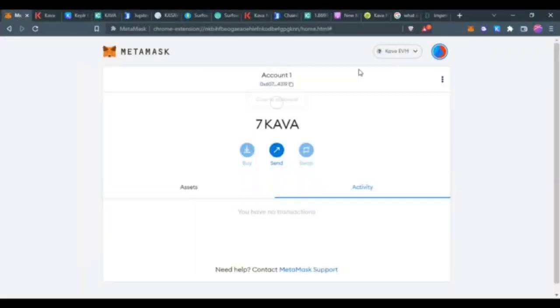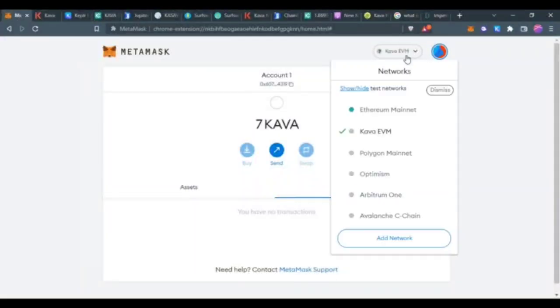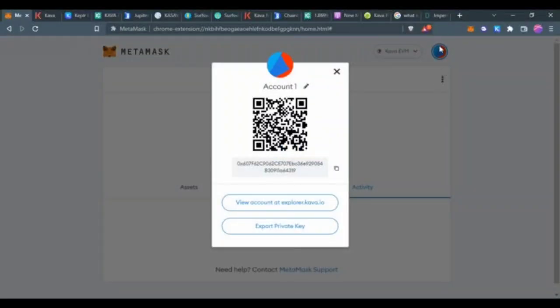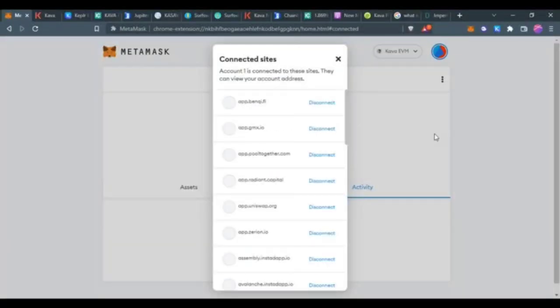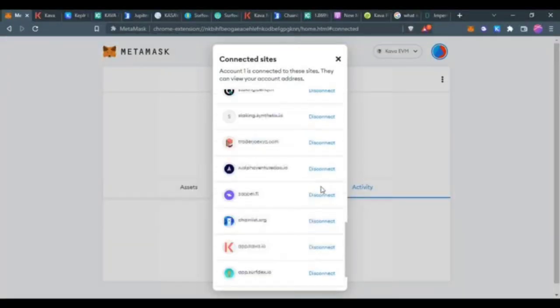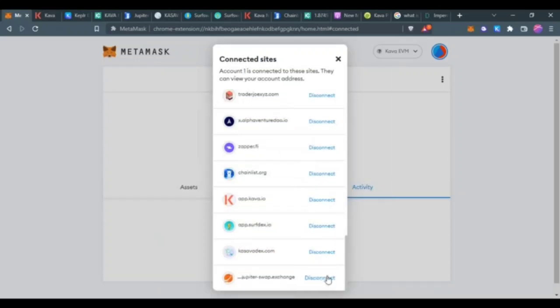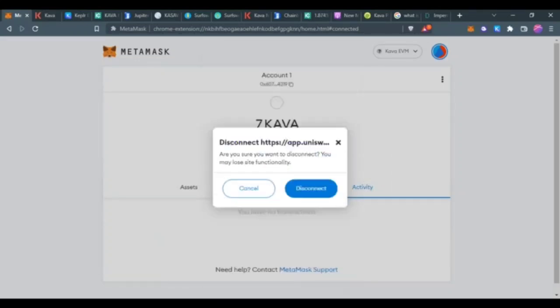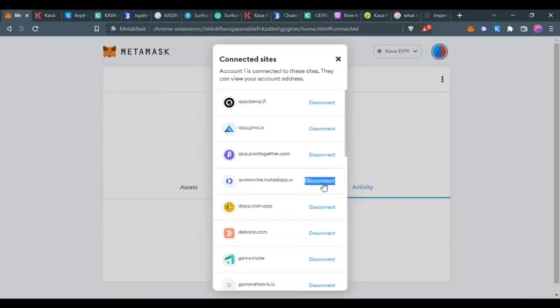Also, let's do this. Let's go into our, where is it? Here we go. Connected sites. And let's disconnect from all of these different sites that we've been connected to. Always want to disconnect from everything.